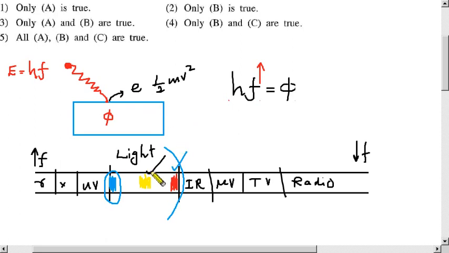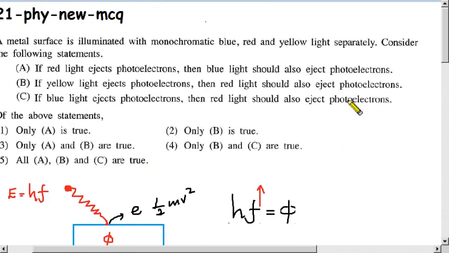Sometimes if yellow ejects electrons, red also might, but we can't say definitely, because the frequency is lower when we go to the right side. So the frequency of red light is lower than yellow. If this one is at the boundary, red light will not eject electrons then. Therefore we can't say surely. So this one was correct, this one was wrong.